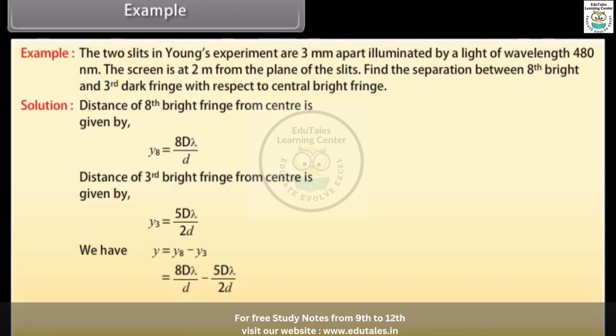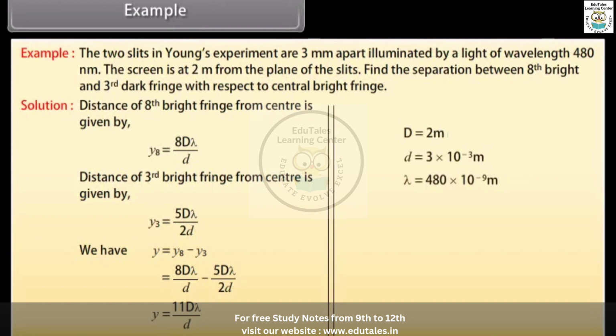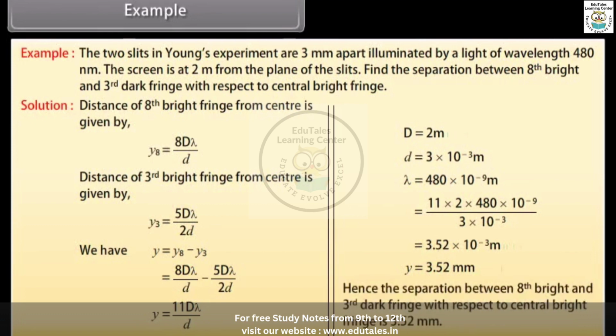By putting the values and calculating, we get y is equal to 11 capital D lambda upon 2 small d. Putting the values in the above equation and calculating, we get the value of y is equal to 3.52 millimeter. Hence, the separation between the 8th bright and 3rd dark fringe with respect to the central bright fringe is 3.52 millimeter.